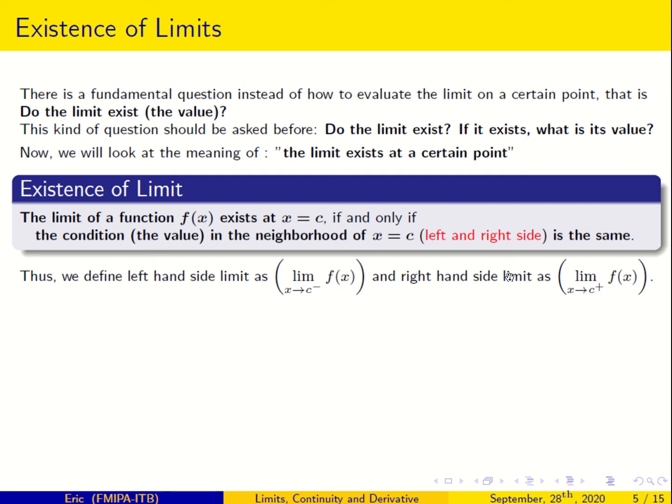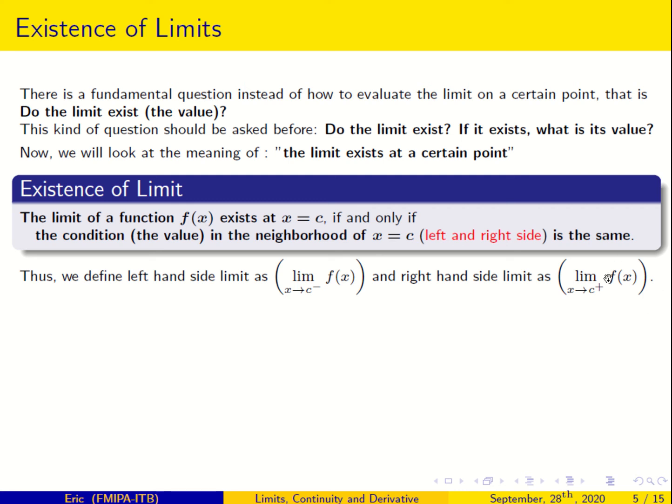And this one, the right hand side limit of f(x) as x goes to c plus. Let c be 1. So 1 plus means I want to know the value of this when x goes to 1 from the right of 1. That is 1.05, 1.005, 1.0005.